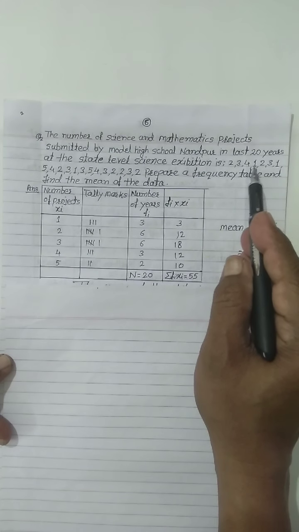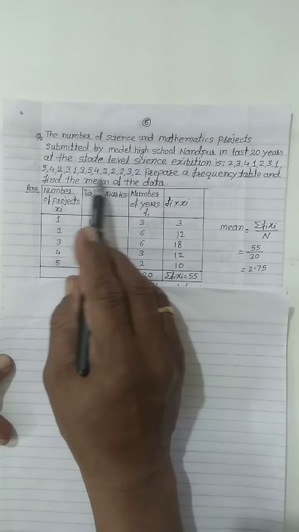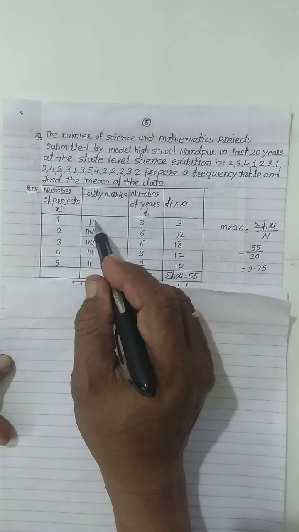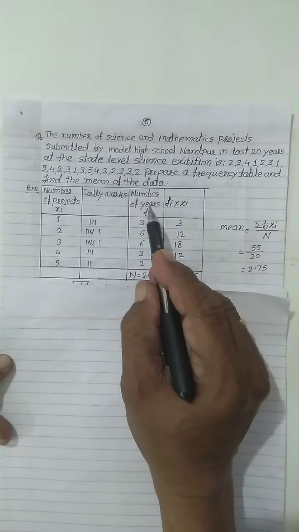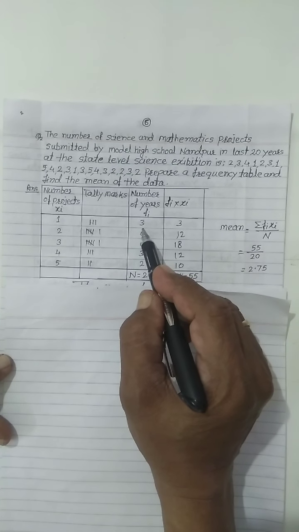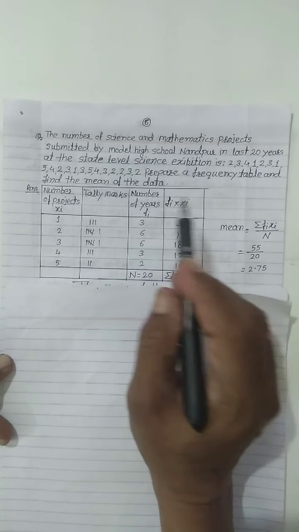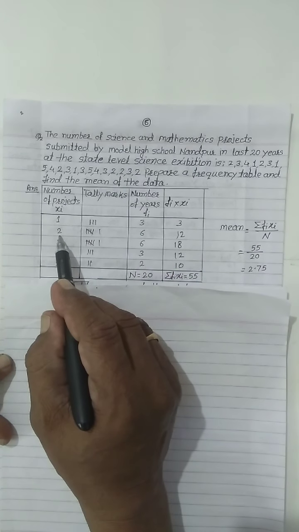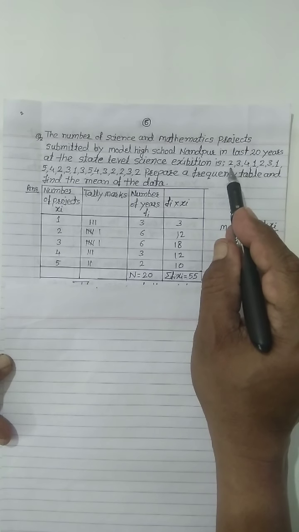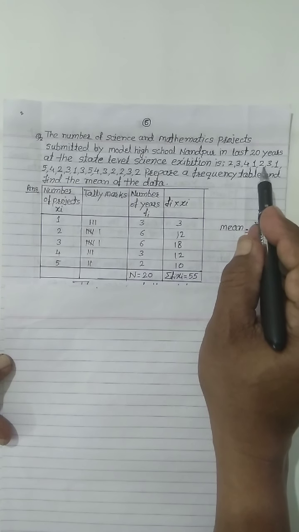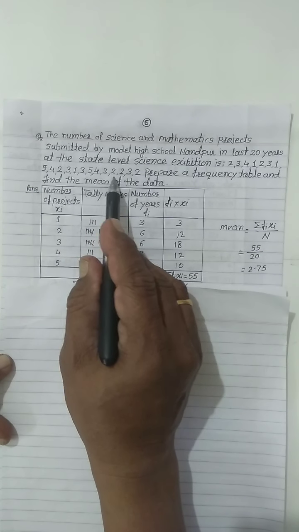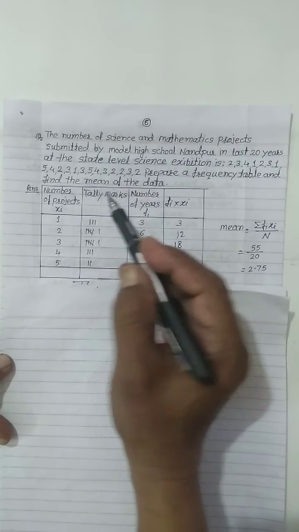Now the tally marks mean how many times one project was submitted in this data. Count: 1, 2, 3 times. So we write tally mark 3 lines, and the number of years fi equals 3. Then see the 2. How many times does 2 appear in this data? 1 2 3 4 5 6.